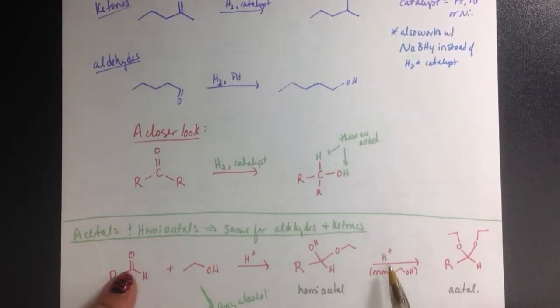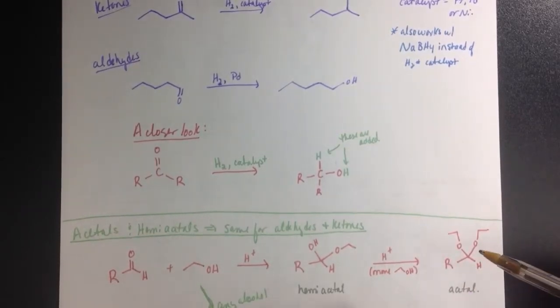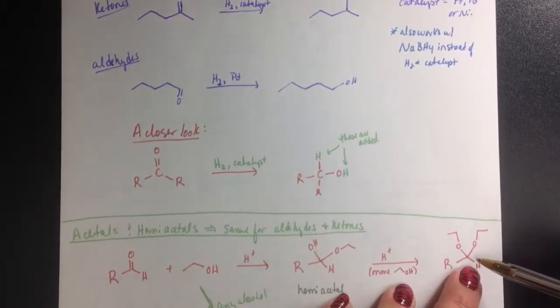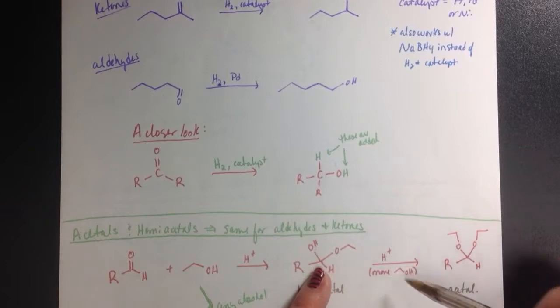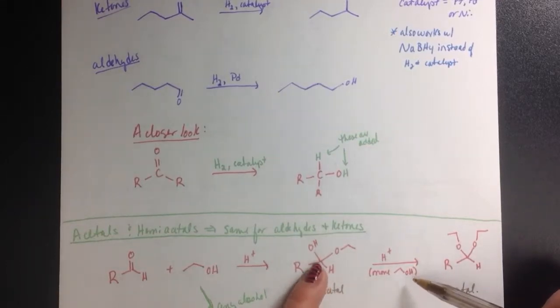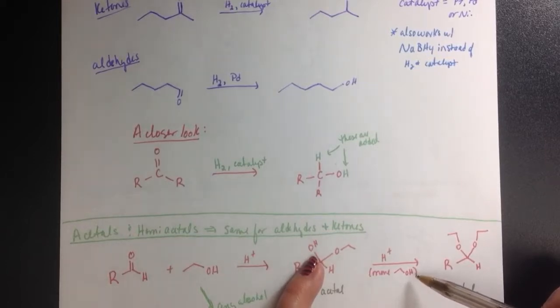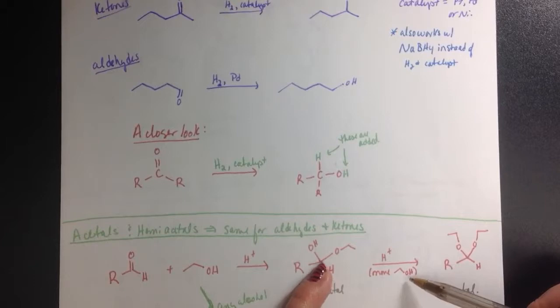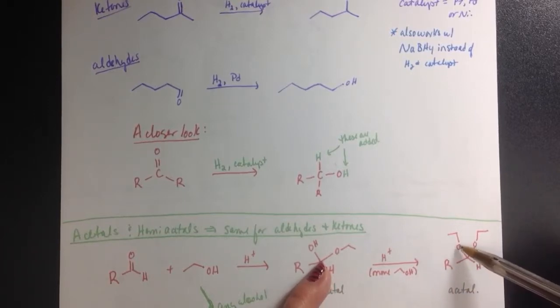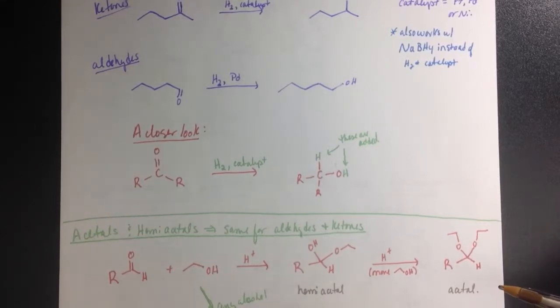If you add more acid and more alcohol, then it will react a second time, and this OH will combine with this H, even though, again, that's wrong, but it will demonstrate my point. That sort of comes out as water. You end up with that oxygen on that same carbon there, and you end up with two of these that were originally alcohols.